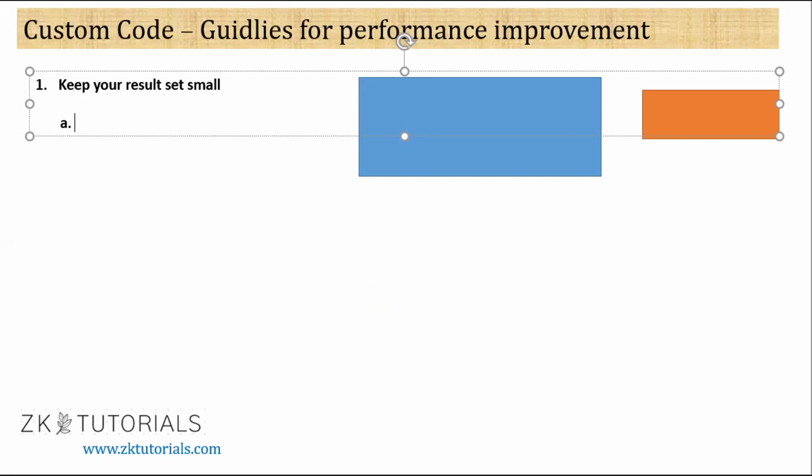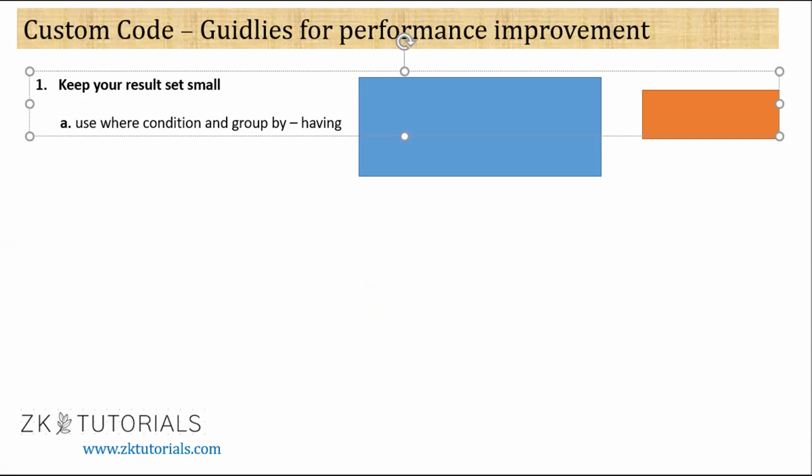So use WHERE and GROUP BY, and use HAVING whenever you are using the GROUP BY clause. Is this clear, guys?